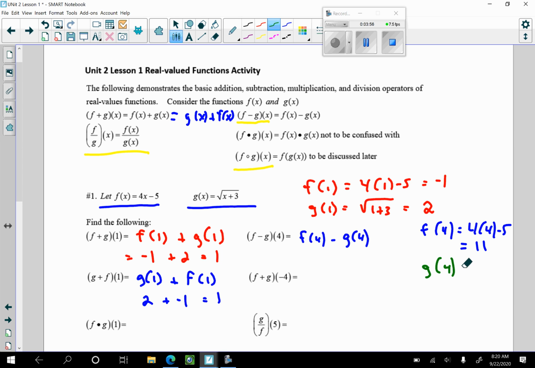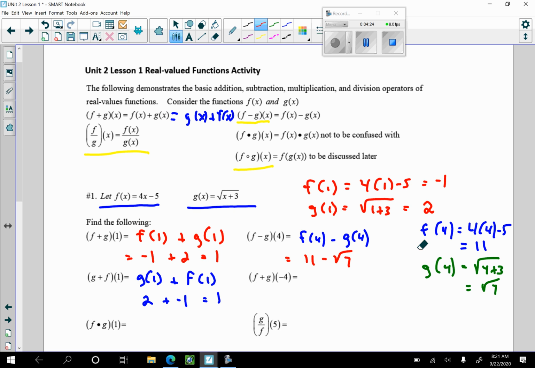And g of 4 is going to be the square root of 4 plus 3, which in this case is simply the square root of 7, which does not simplify. So f minus g of 4 is 11 minus the square root of 7, and that is our answer.